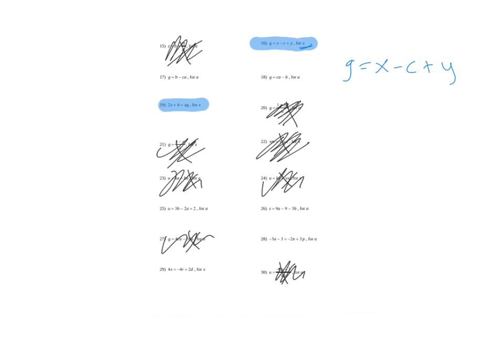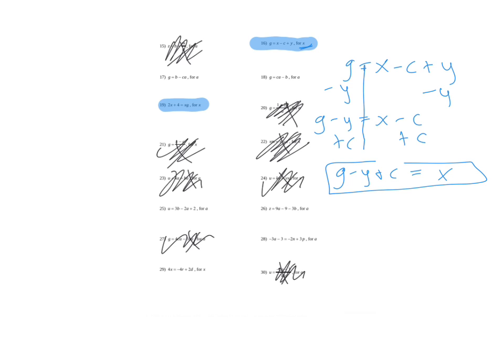That's what I'm going to do first. I'm going to start furthest away from the x, subtract that y. So now I get g minus y equals x minus c. And then what I'm going to do is add a c, because that's what you would do when there's subtraction. We undo it with addition. So we get g minus y plus c equals x. And there we go. That's going to be it. The x is by itself, and that's the goal.